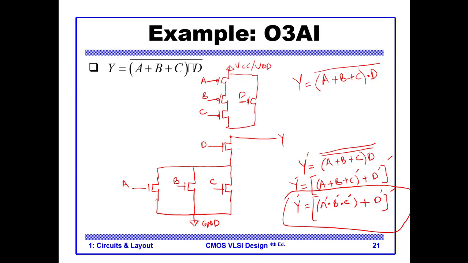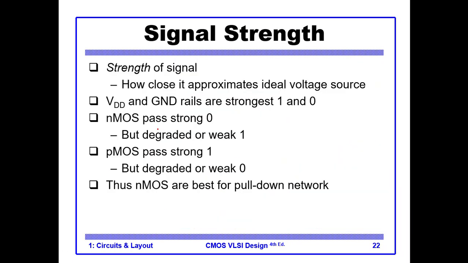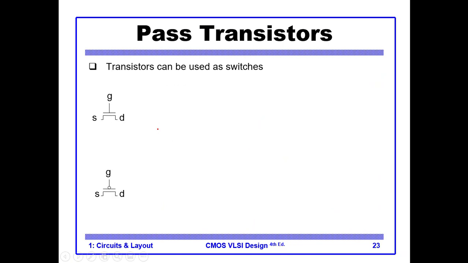So this is our pull up network, this is our pull down network. So this is the design of this compound gate. Okay, let's stop here.